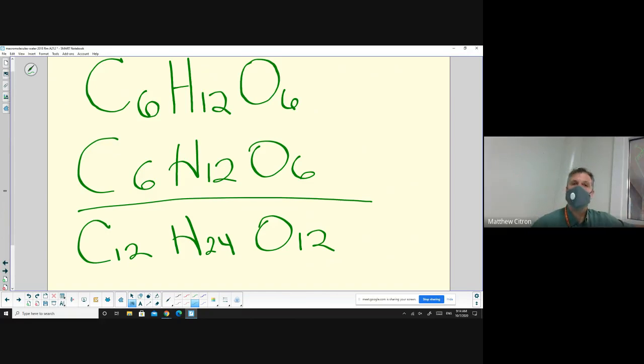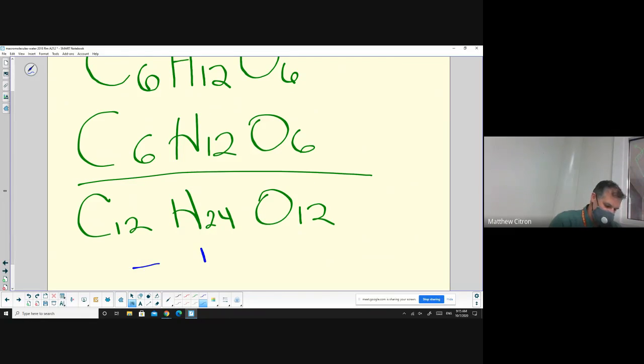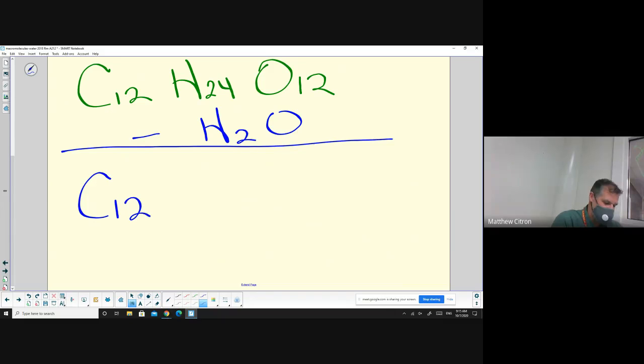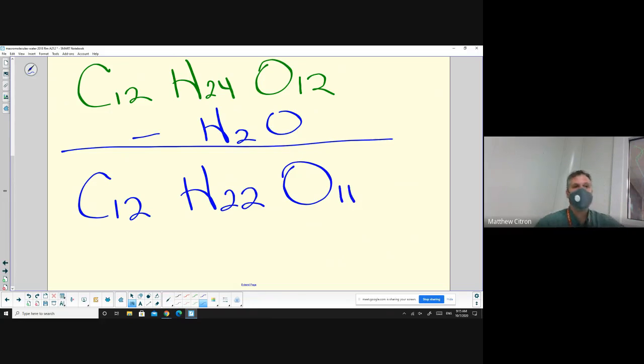Here's one problem with this. That's not right. What process? Dehydration synthesis. I have to remove water, which means C12, H22, O11.